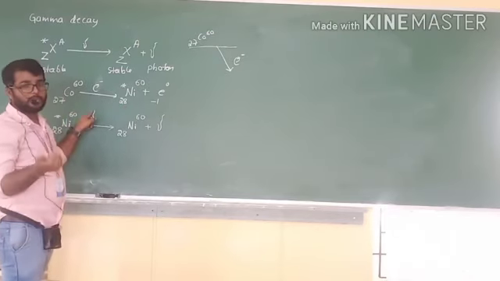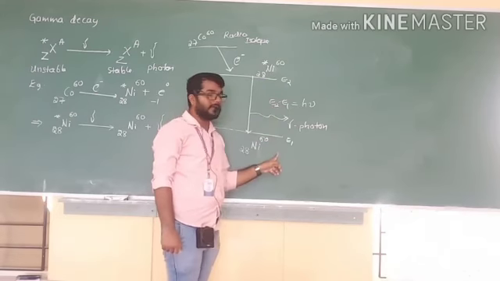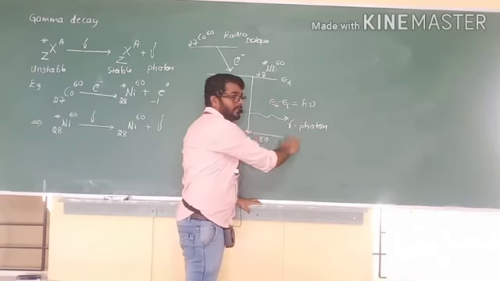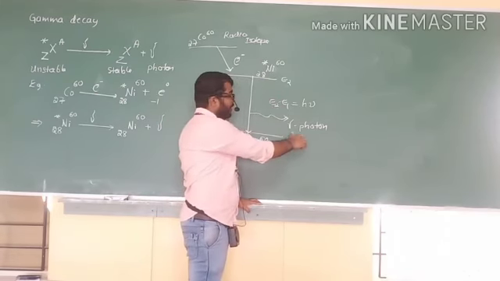28 nickel 60 is a stable nucleus. If E2 is the energy in this state and E1 is the energy in this state, there is a difference in energy, E2 minus E1. During the transition from E2 to E1, it produces a photon of a certain energy.